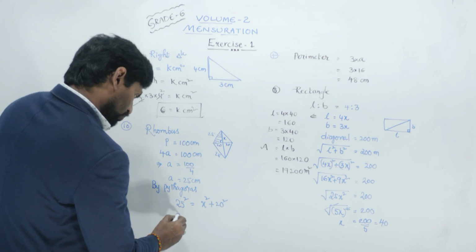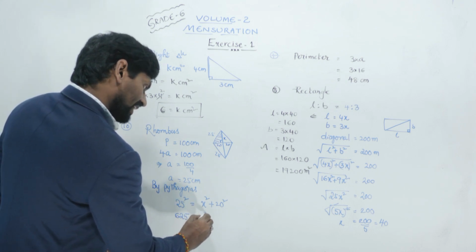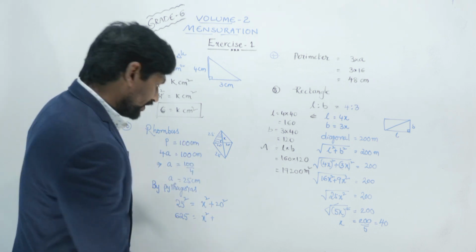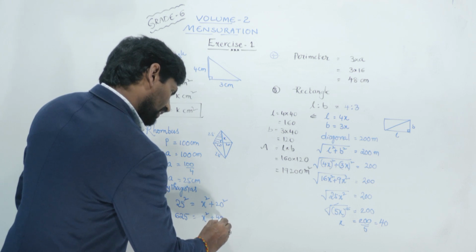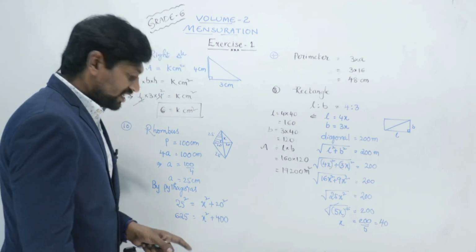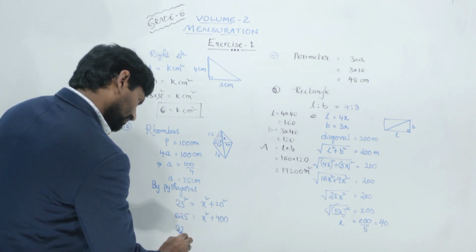Okay, 25 square, 25 25s are 625. Here x square plus 20 square. 20 square means 20 into 20 is 400. Now plus 400, transpose this, it becomes minus 400. 625 minus 400 is 225.